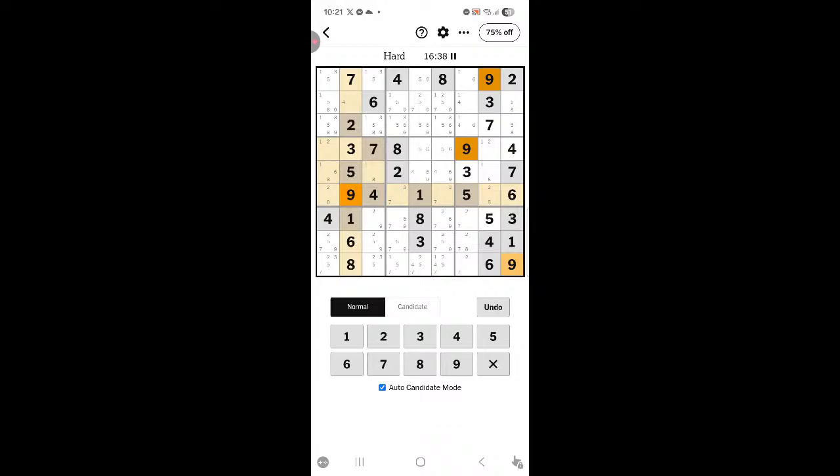5, 6 equals not 5. Not 5, 6 equals 9. And then 5, 6 also doesn't equal 5. And then we have what?